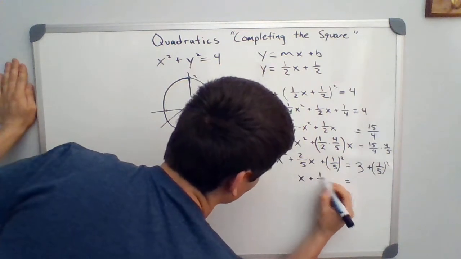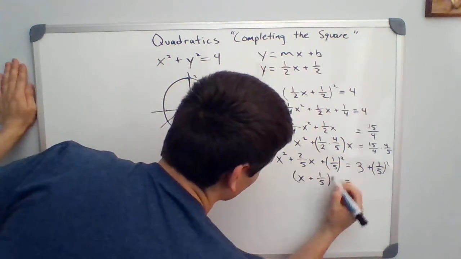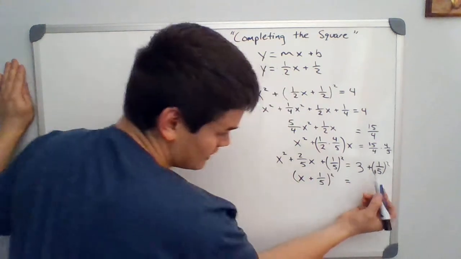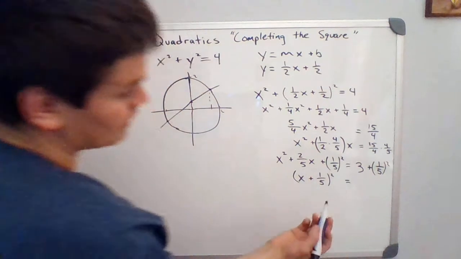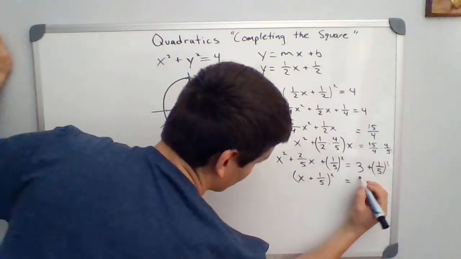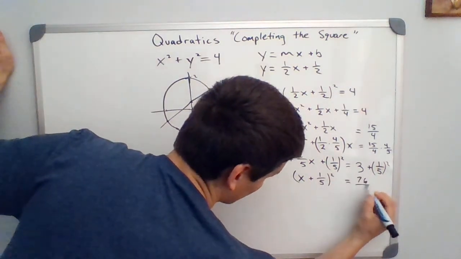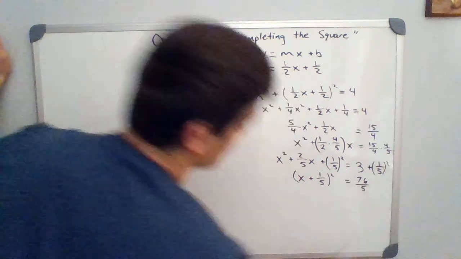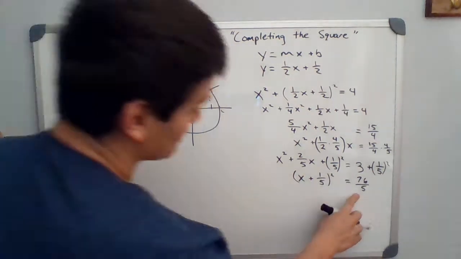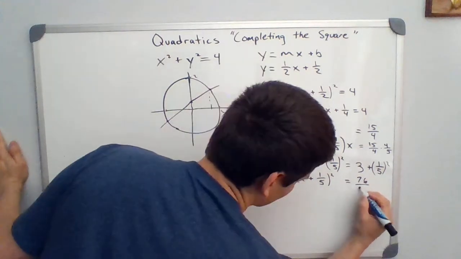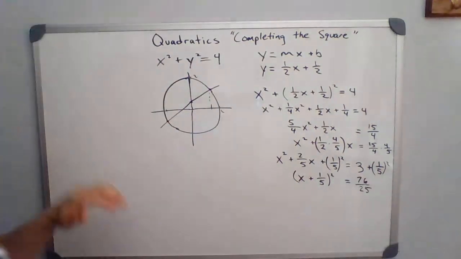That's x plus 1/5 squared on that side, and 1/5 squared is 1/25, and so that's going to be 76 over 25 on that side.